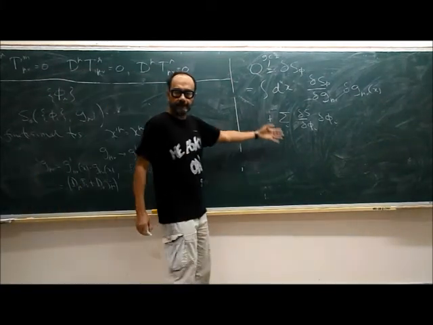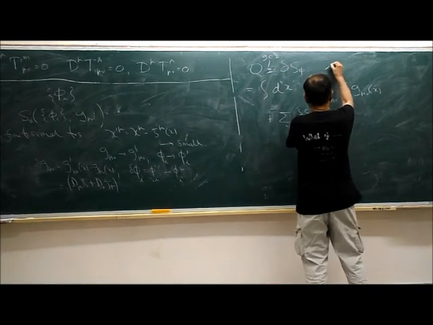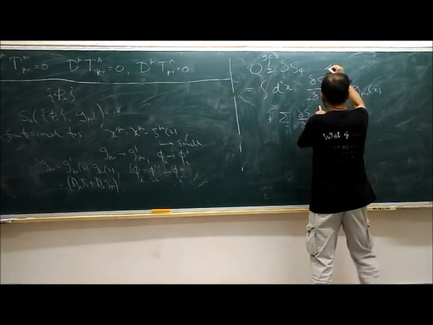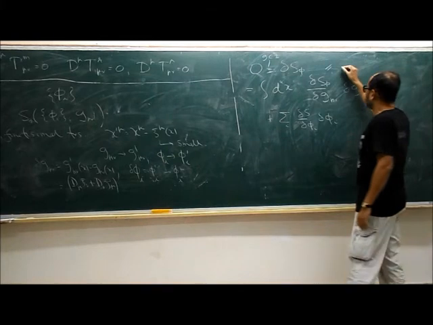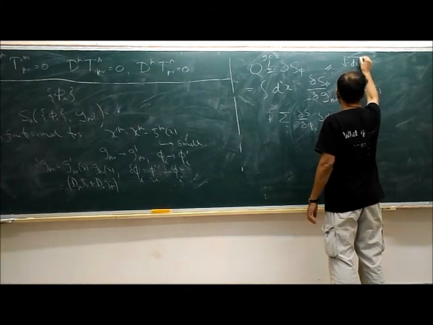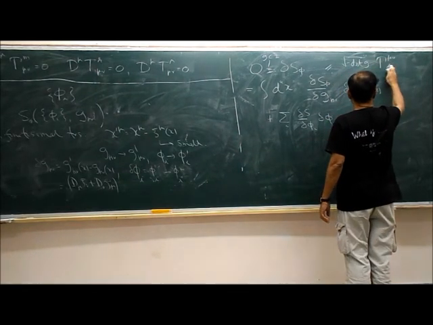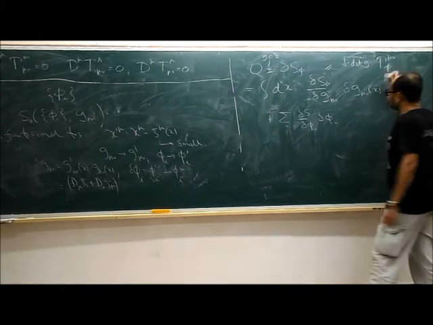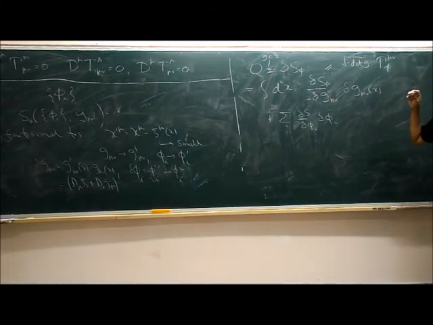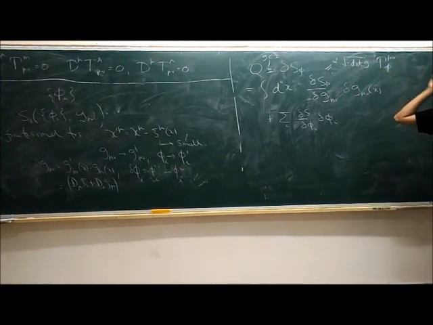So this is an identity, but this by definition, up to a sign, is square root of minus determinant g times T mu nu phi. Up to a normalization function, it is proportional. Is that clear? That was the definition of T mu nu.